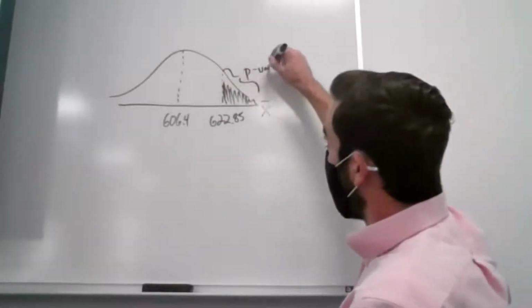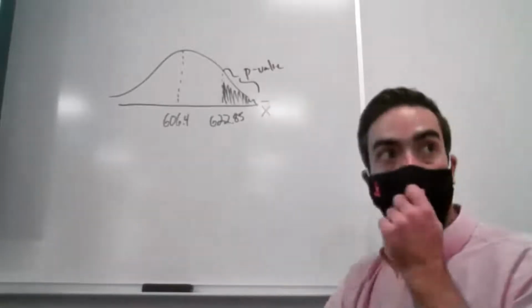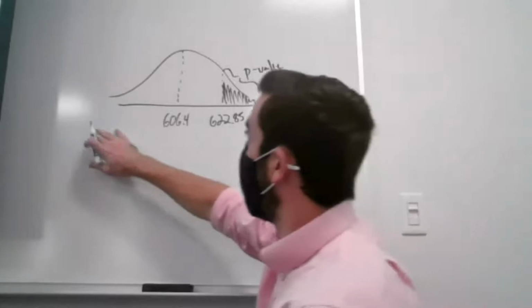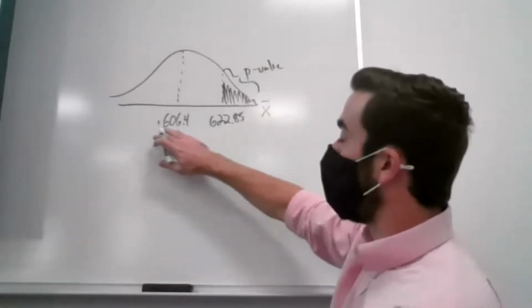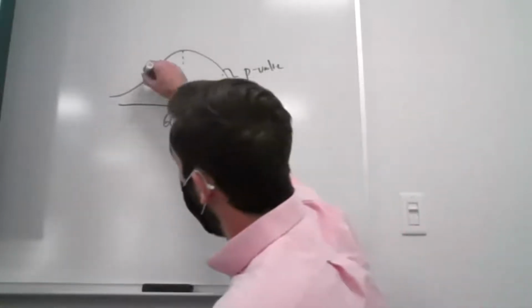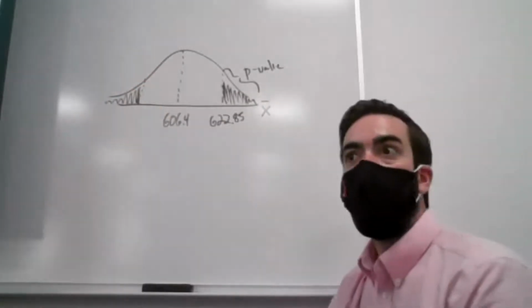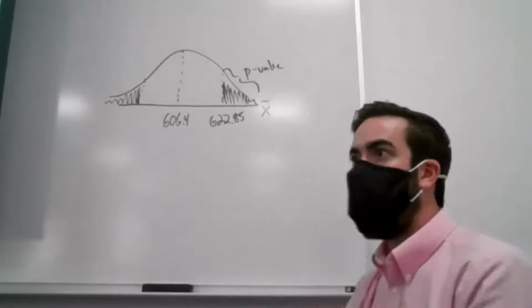And I might think, okay, that's my p-value. But for a two-tailed test, it was equally as likely for me to see something this far away from the assumed true mean but below, that equally went against that null hypothesis, right?